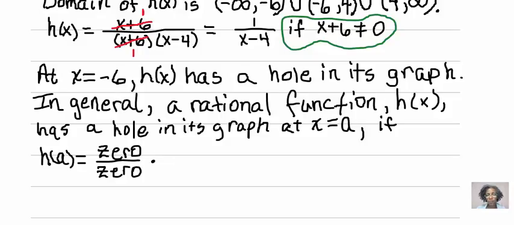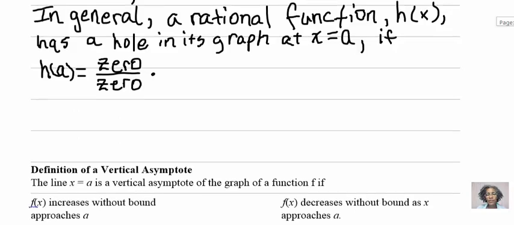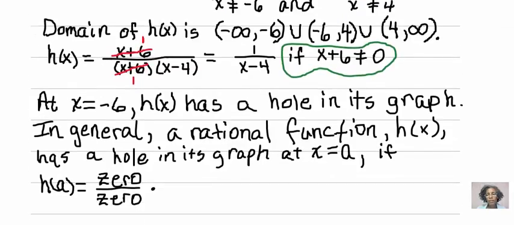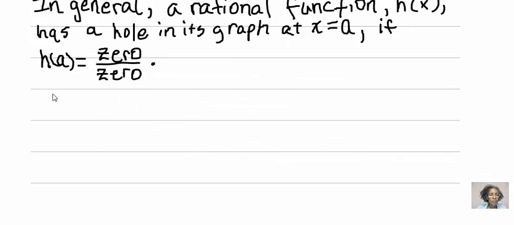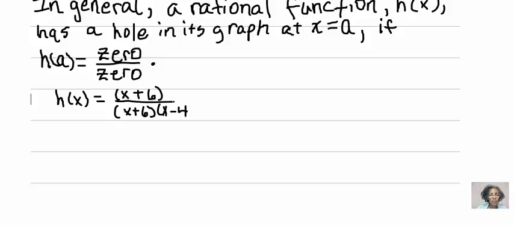So we have our h of x. h of x is x plus 6 over x plus 6 times x minus 4. g of x is 1 over x minus 4.